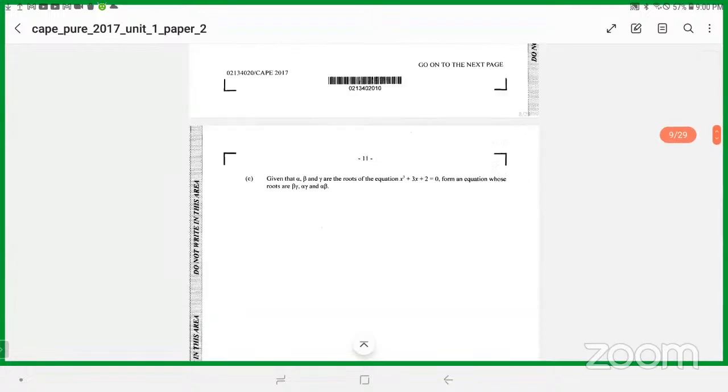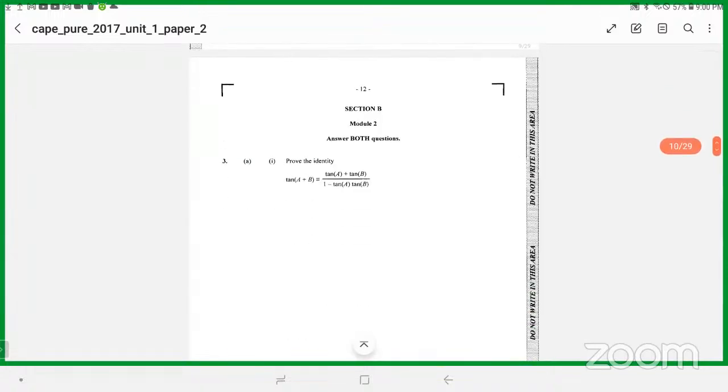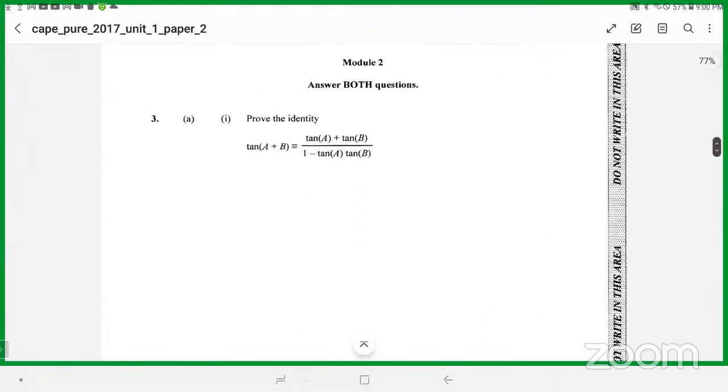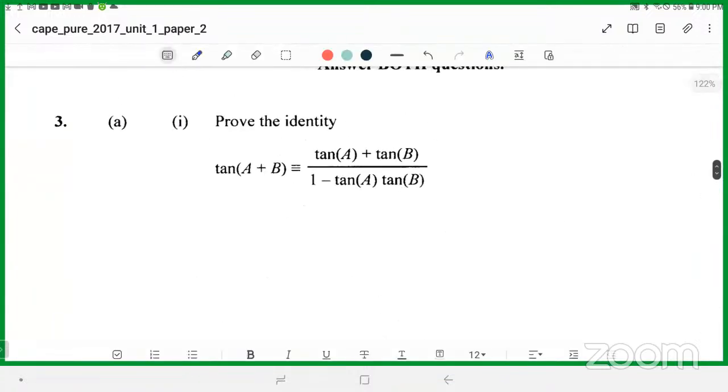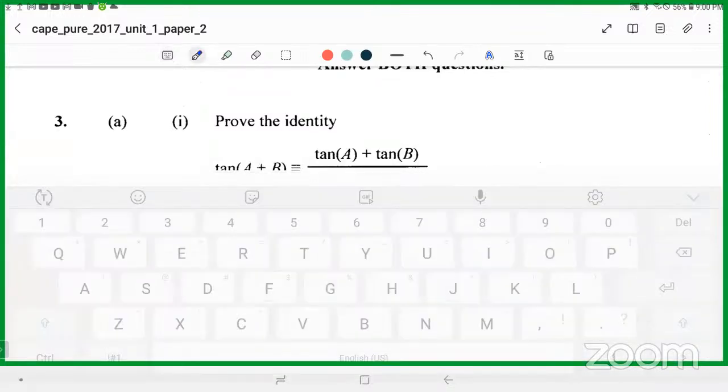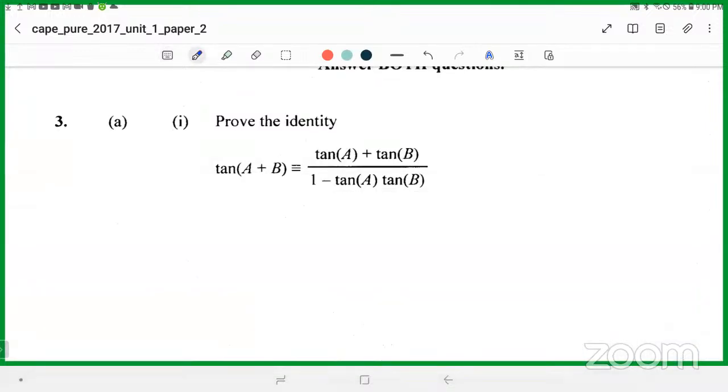All right, true proof. Now this one. Once this one is done, this one is straightforward.